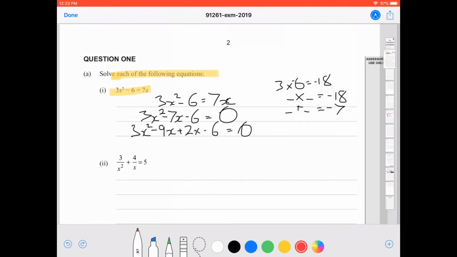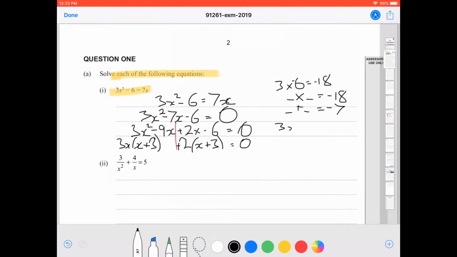So now we draw our line, factorise the left-hand side. We've got 3x as a common factor, and x plus 3. On the right, plus 2 as a common factor, and x plus 3. And you know you're on the right track when those two sets of brackets are the same.